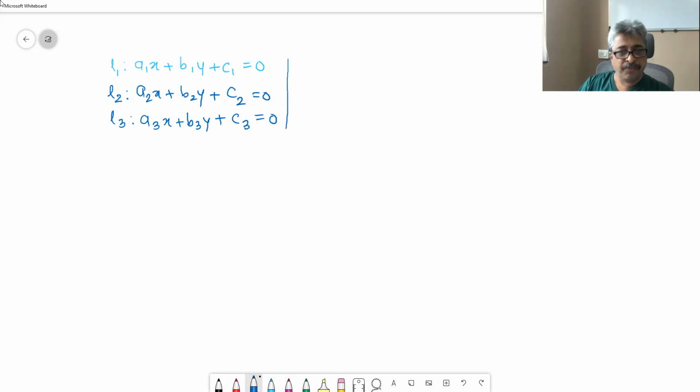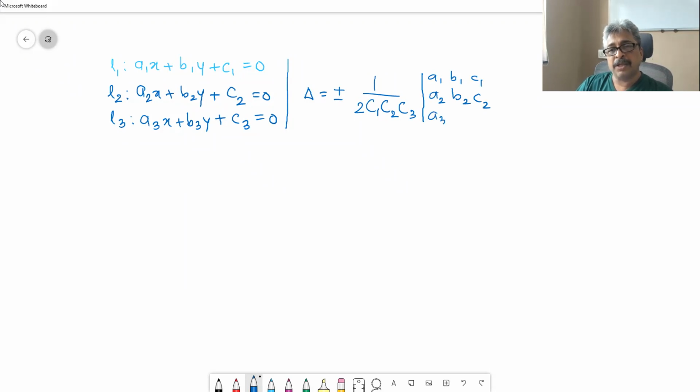Then area of triangle formed by these three lines, we said, plus or minus 1 upon 2 C1, C2, C3, determinant of A1, B1, C1, A2, B2, C2, and A3, B3, C3, bracket square.